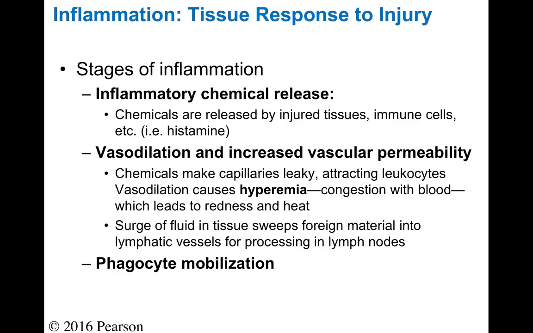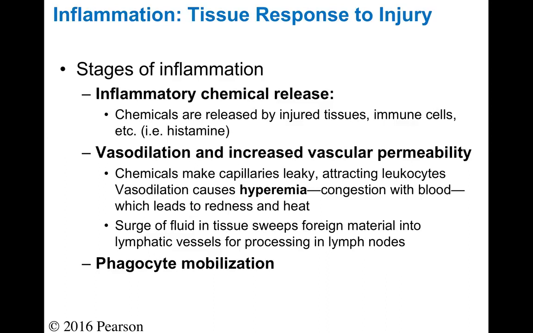The really good point about vasodilation is that it makes those blood vessels more permeable, which means the chemicals that are required can leak out to help with the damaged tissue. In this case, we're also attracting other types of white blood cells, your categories of leukocytes, and that causes an increase in the redness of the tissue because you have more blood flowing to the tissue.